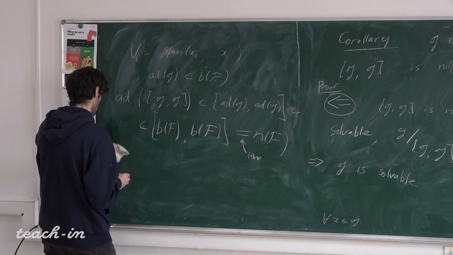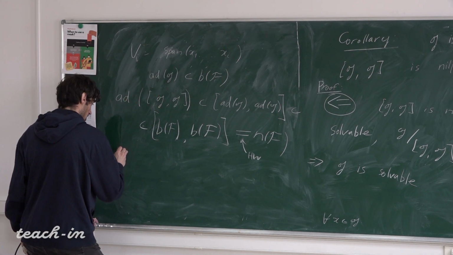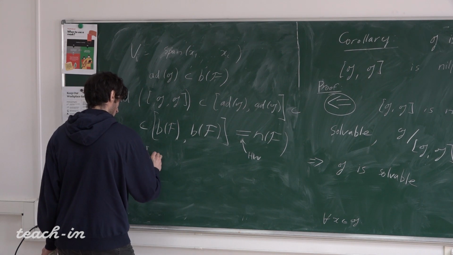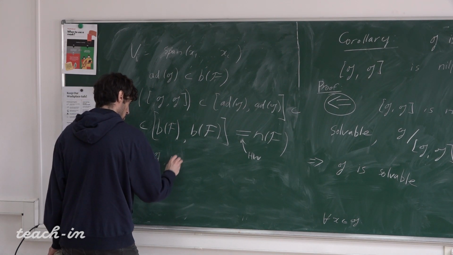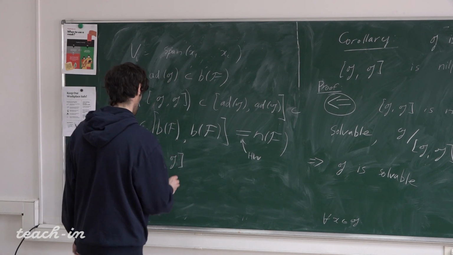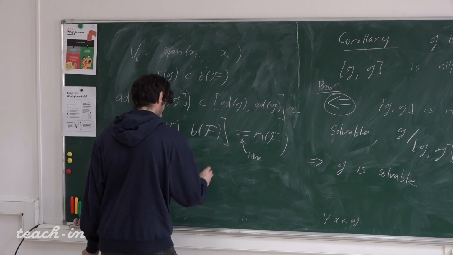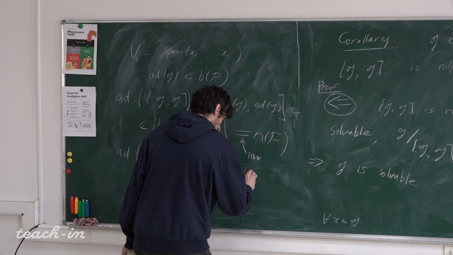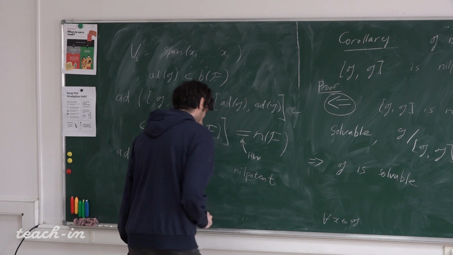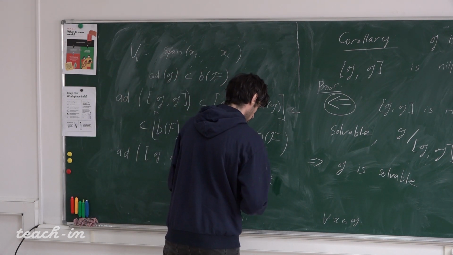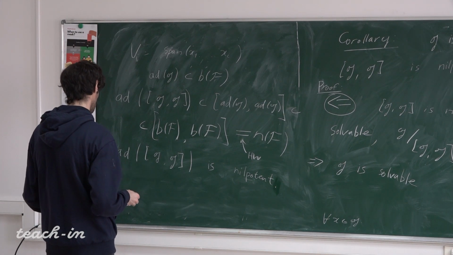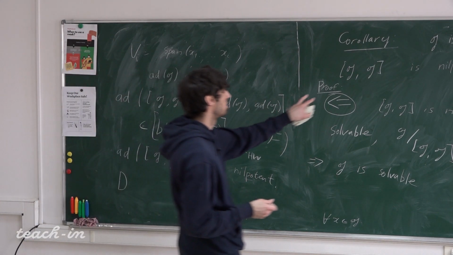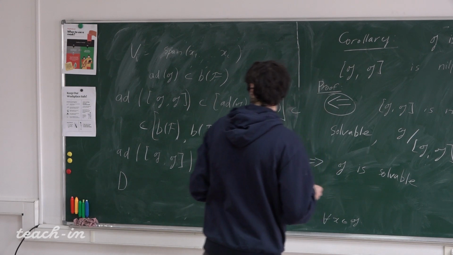So therefore, ad of G is nilpotent. Okay, we are proving that this one is nilpotent.